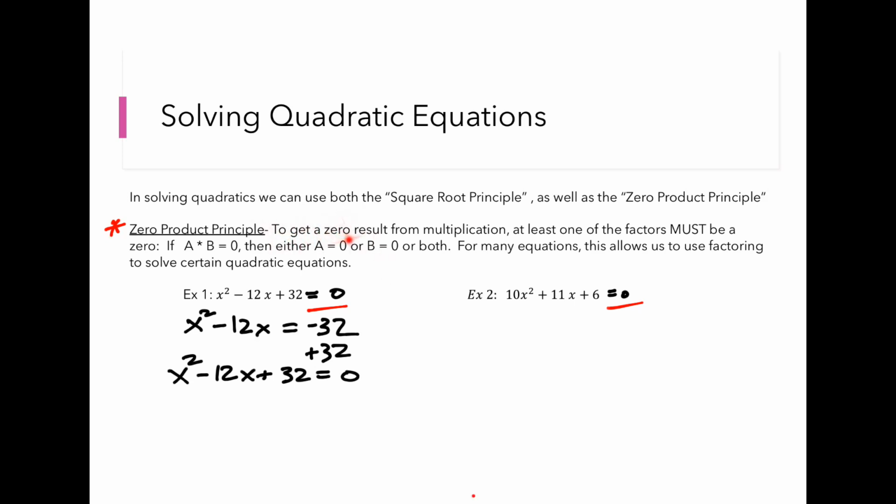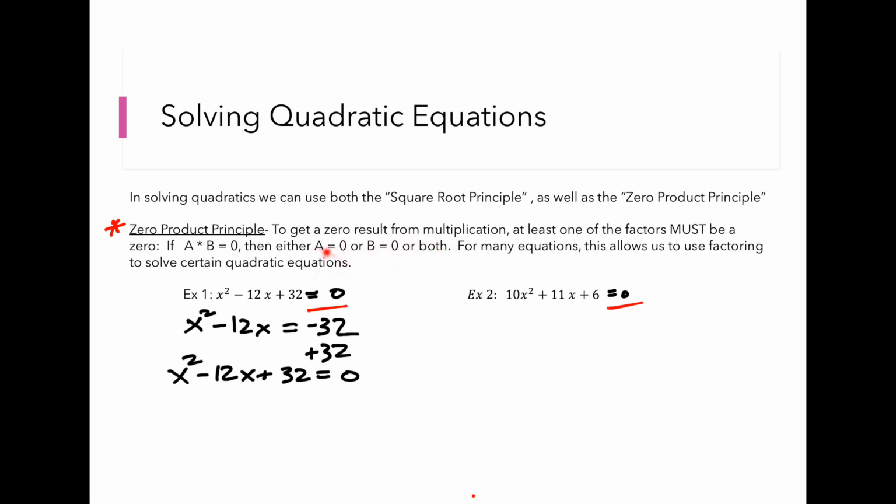In order to get a 0 result from a multiplication, at least one of the factors, the portions of that product, must be a 0. In other words, if a times b equals 0, if we're multiplying them and I get 0 as a result, then we know either a has to be 0, b has to be 0, or maybe both of them could be 0s.